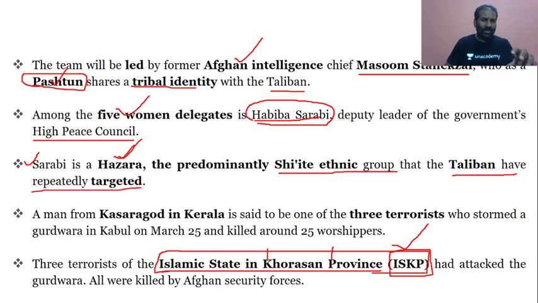So please do understand, from the mains point of view or the analytical prelims point of view, that the Taliban and ISKP have in the past targeted minority communities, that is the Hindus, Sikhs, and other minorities, and also the Shiite ethnic group, which is also a minority group that was earlier repeatedly targeted by the Taliban.